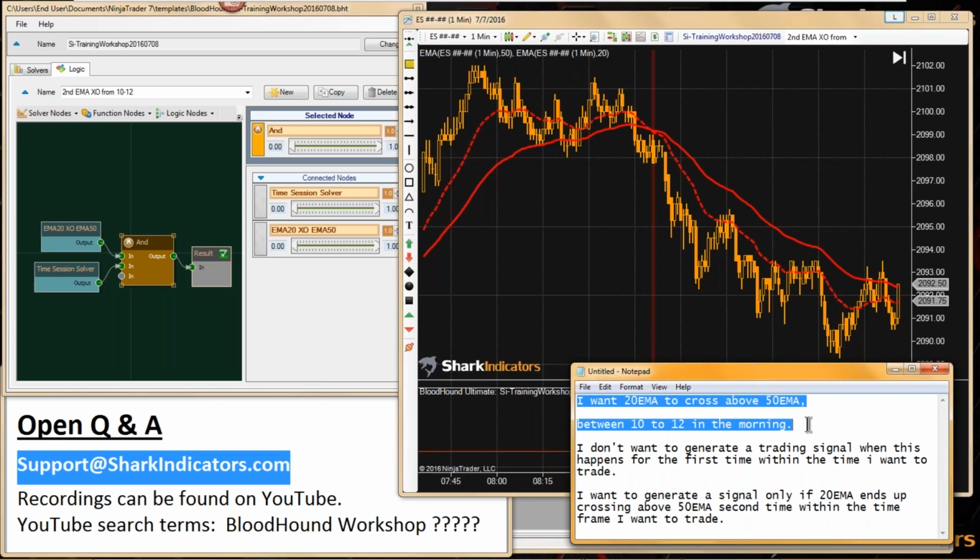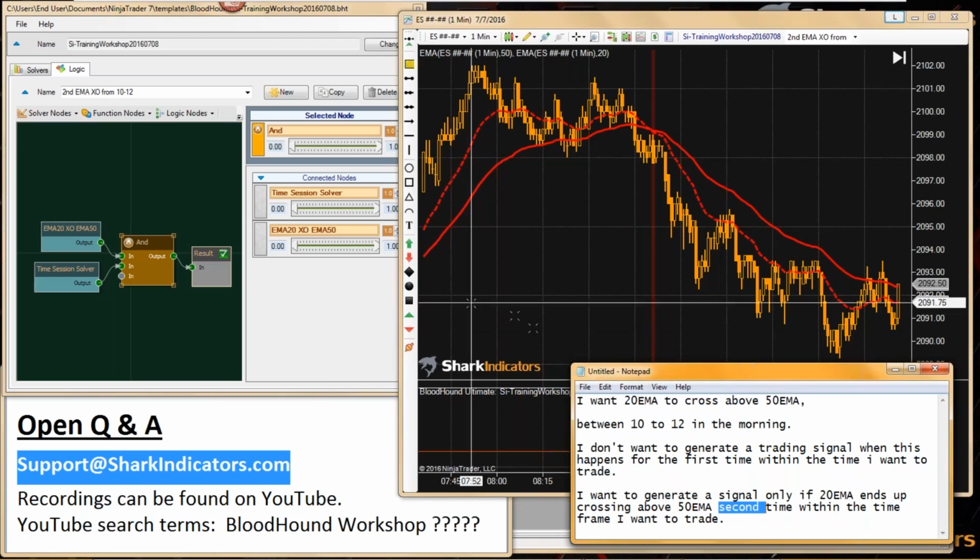Okay, so now here comes the trickier part. So we want to eliminate the first crossover and only see the second crossover.